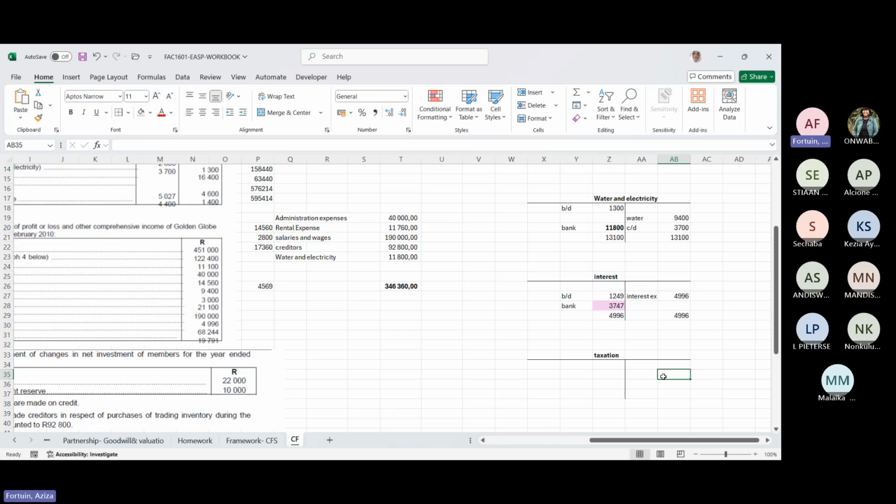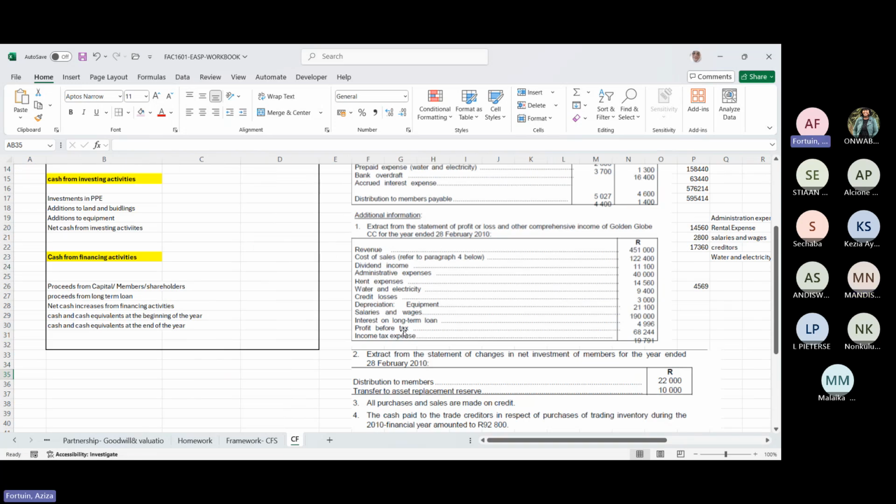Where do you get that big number? Your eyes may be jumping. That's profit before tax. The income tax expense is 19,791. The income tax is 19,791 rand. No, I made a mistake. I typed the 68 on the calculator.